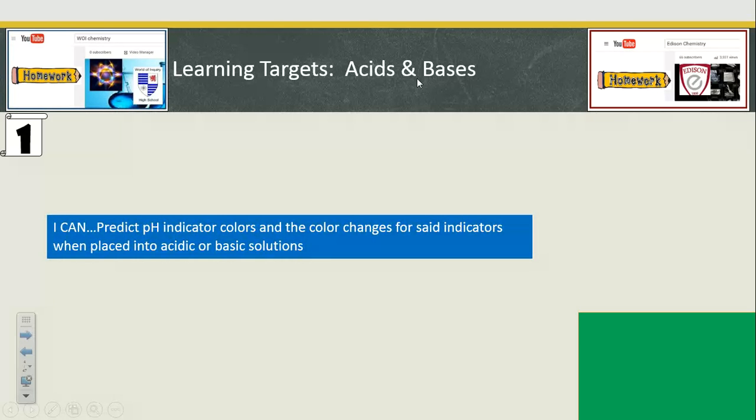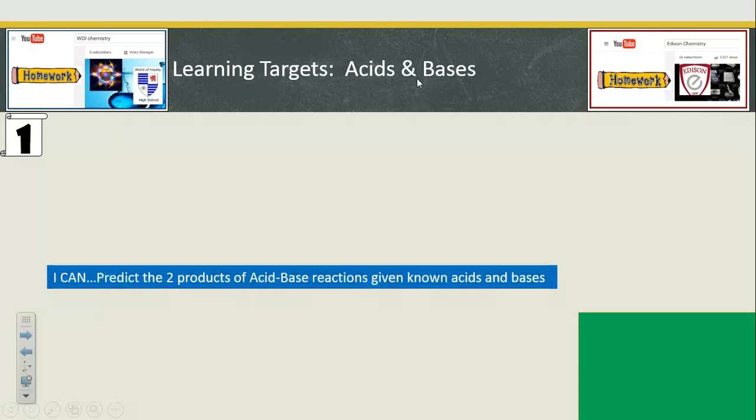Predict pH indicator colors and the changes for said indicators when placed in acid or base solution. So you know you got an indicator, you know that it changes these colors, but when it touches that base, it might change to this color. So predict those color changes. Neutralization reactions. Predict the 2 products of acid-base reactions given known acids and bases.